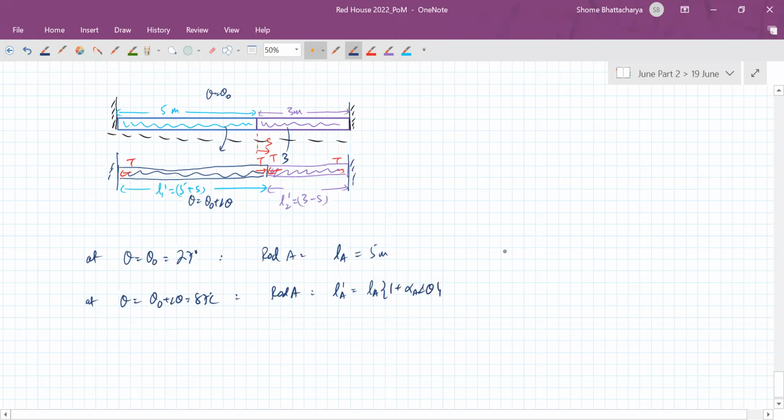Whereas rod B has a natural length of 3 meters at the initial temperature, and at the new temperature it has a natural length of this much. So these are the natural lengths.